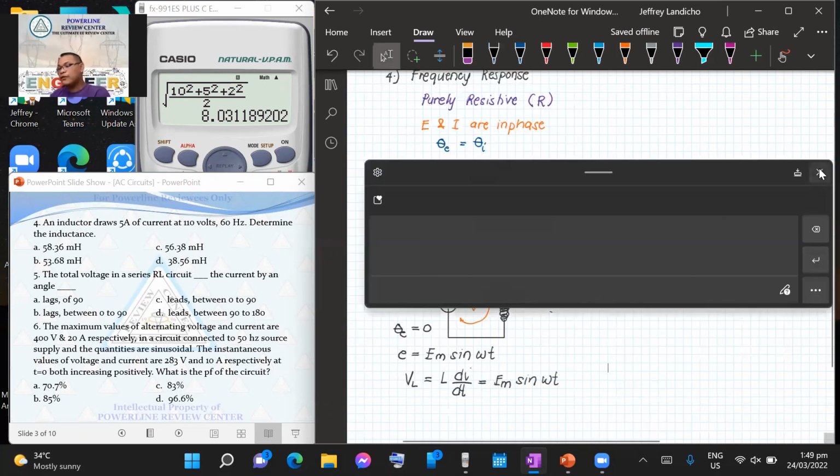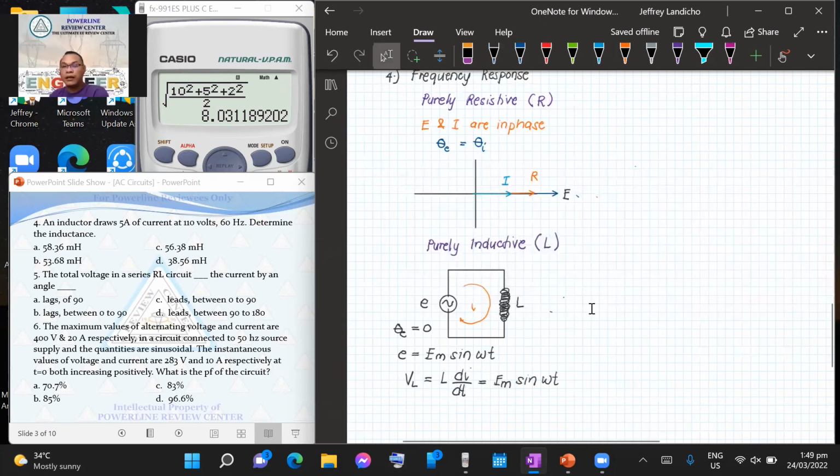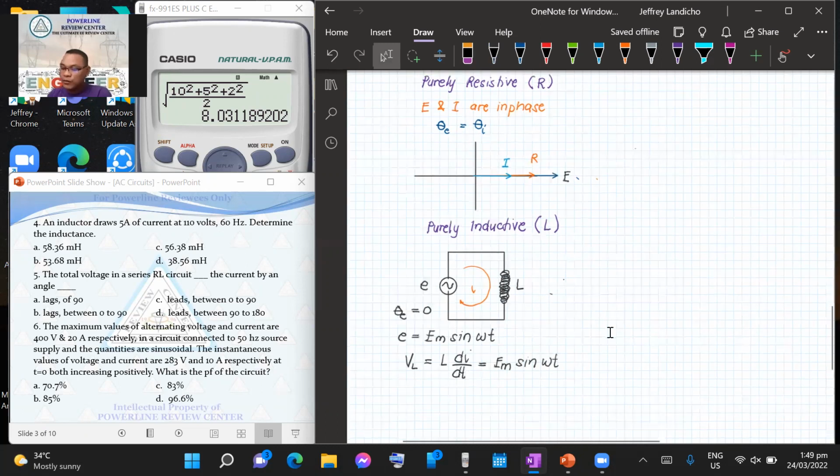Therefore, solving for the equation of our current, so pwede natin i-cross multiply yan. Anong lalabas? That d sub I, it is equal to E sub m, divide natin kay L, sine omega t dt.